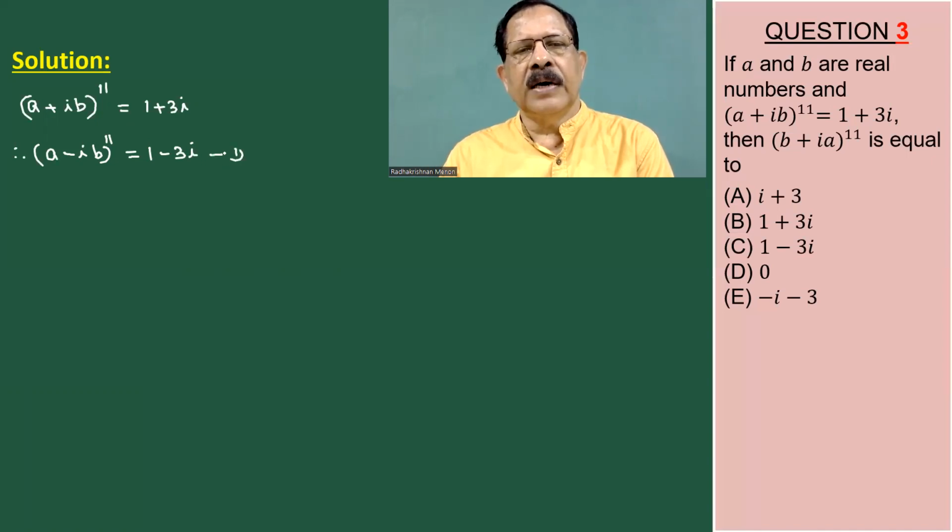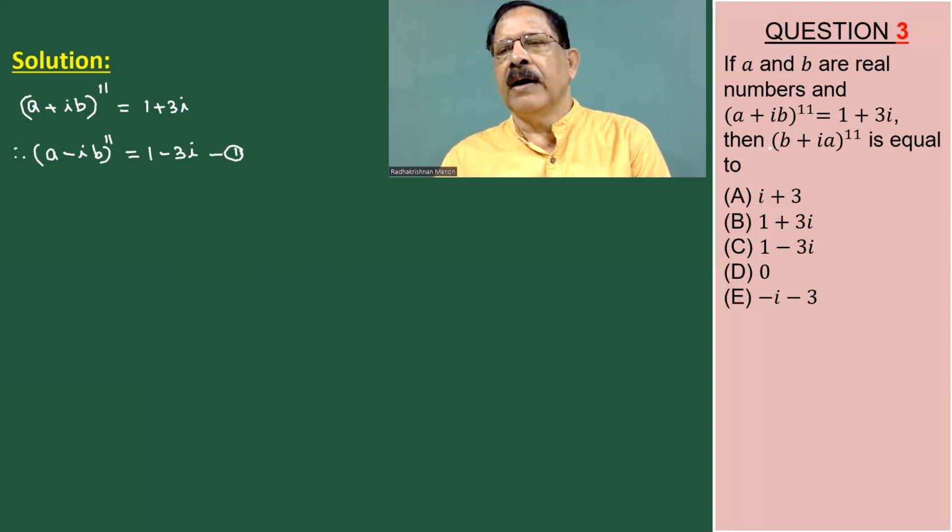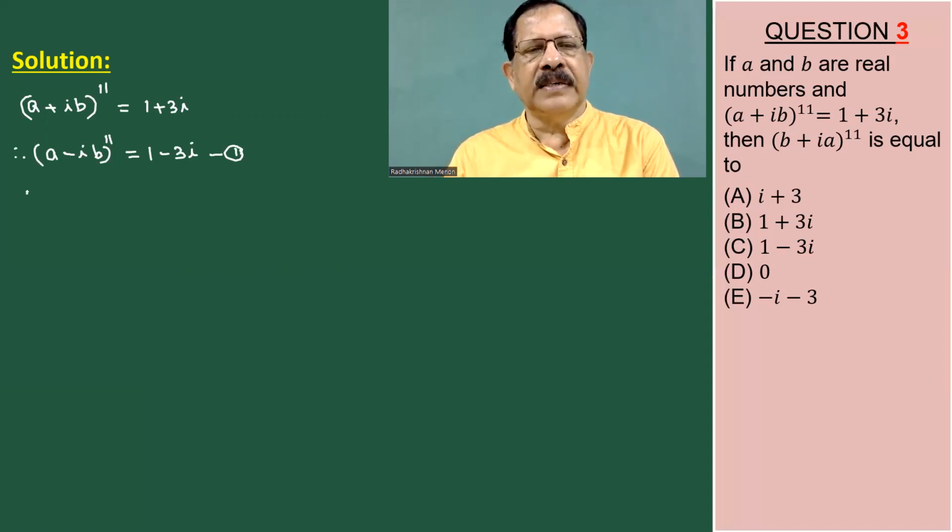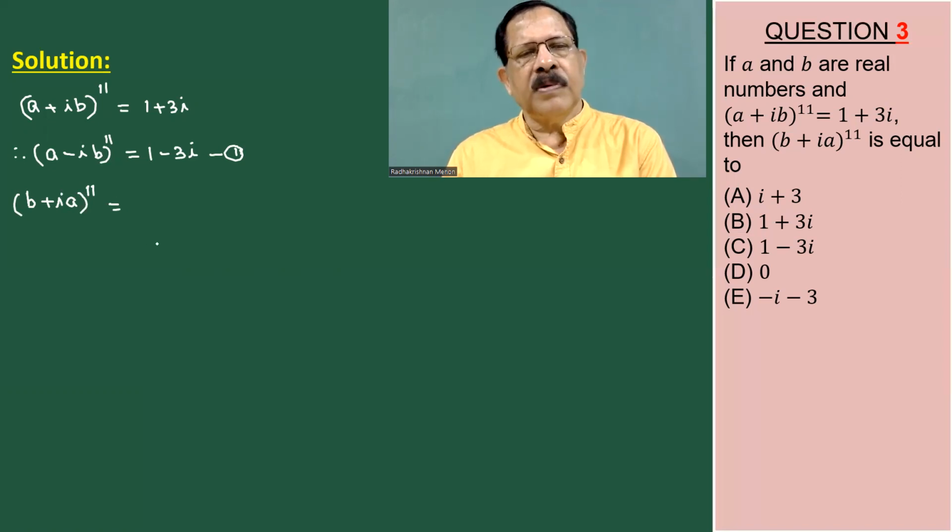Now, you are being asked to find out b plus ia whole raised to 11. Okay. So we have got a minus bi and a plus bi. No problem. We take i as a common factor. So i into a minus ib the whole raised to 11.